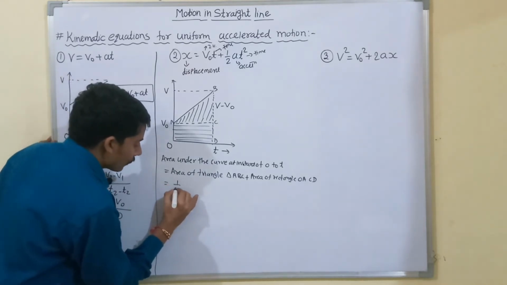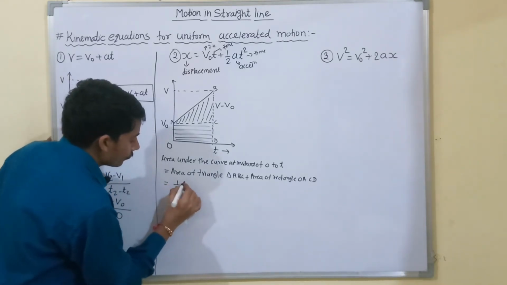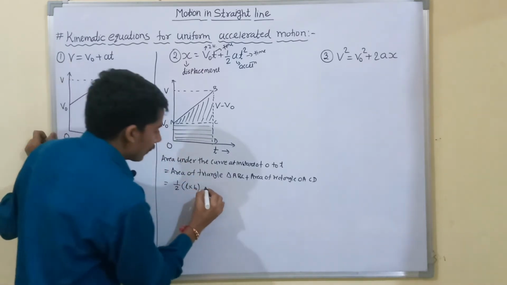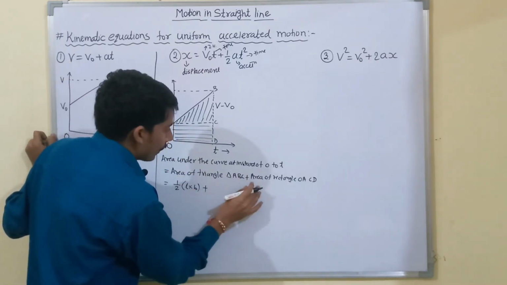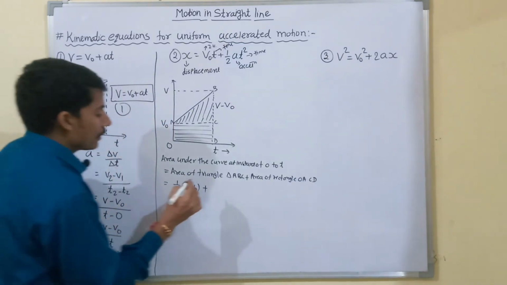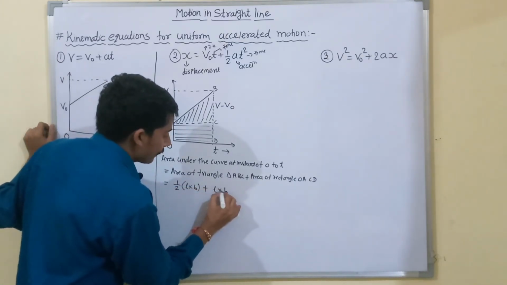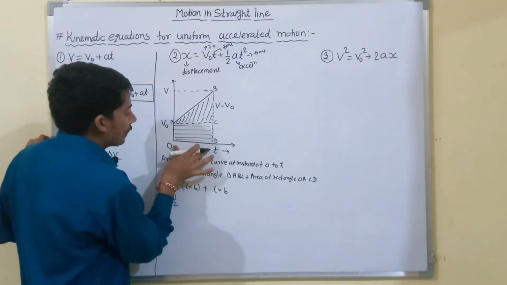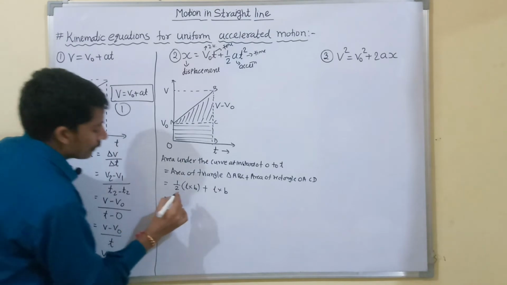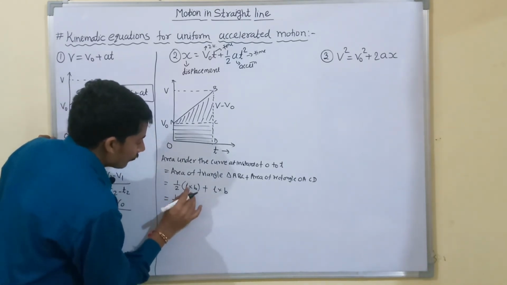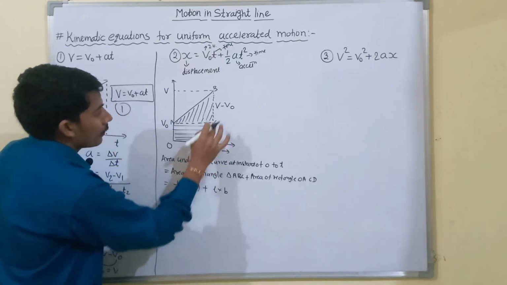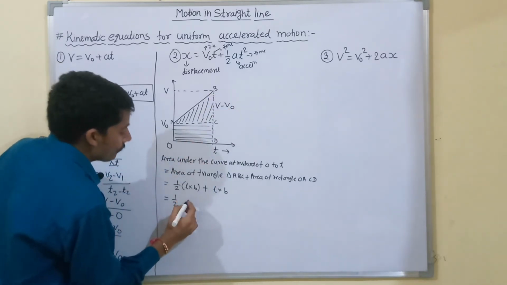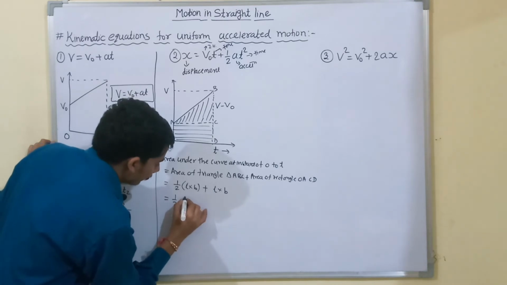Then what is the formula for the area of a triangle? That is 1 by 2 L into B, or base into height. You can take anything. And the area of a rectangle is simply L into B. The base is t and the height is v minus v naught.